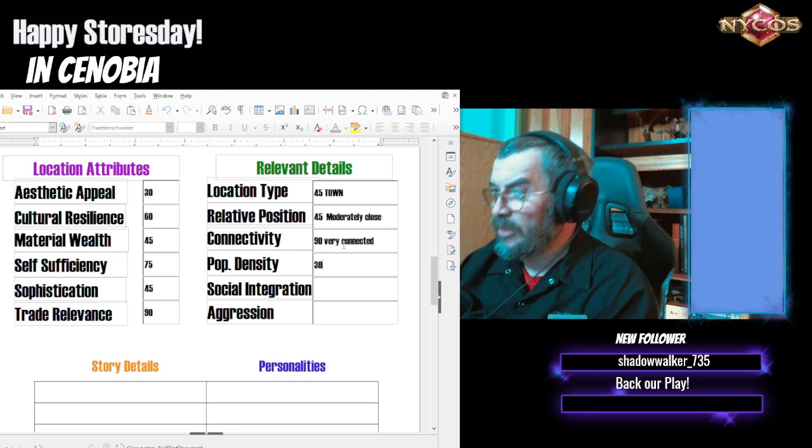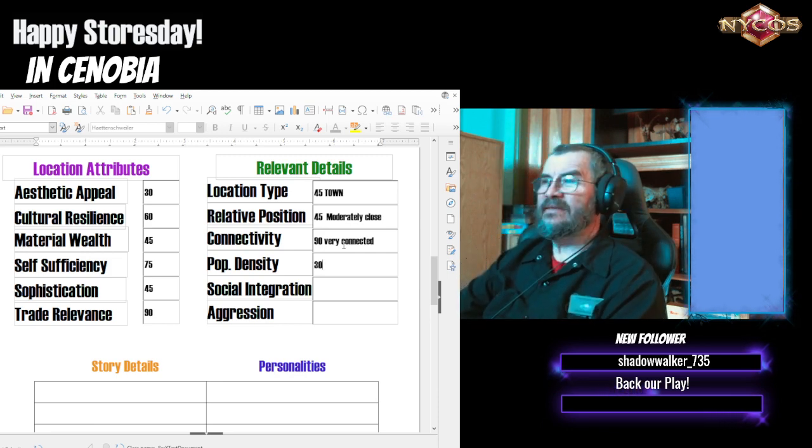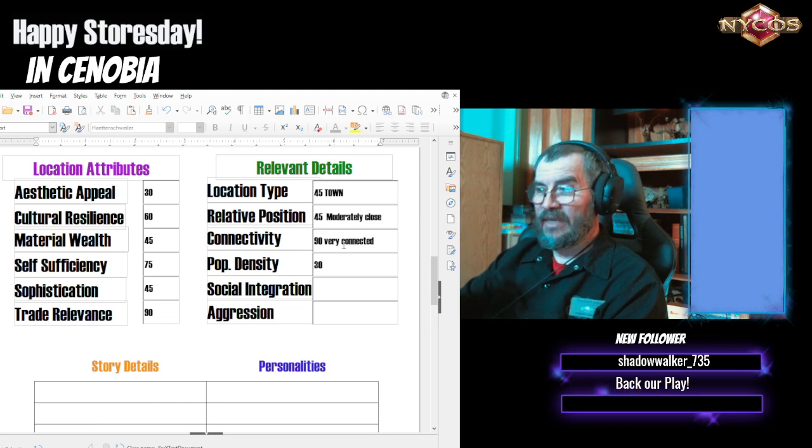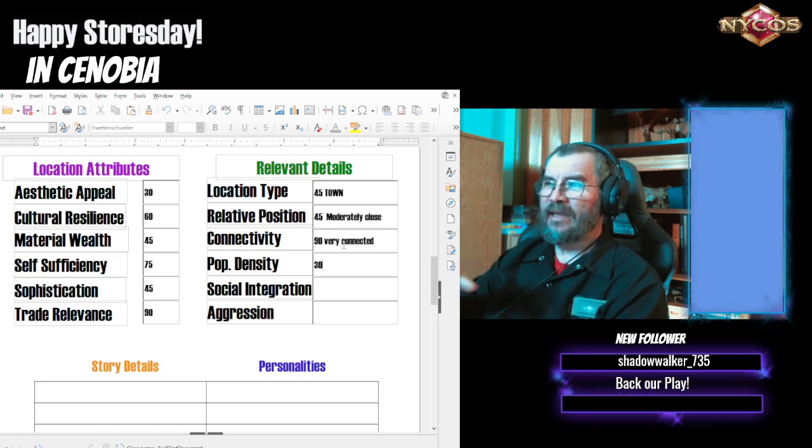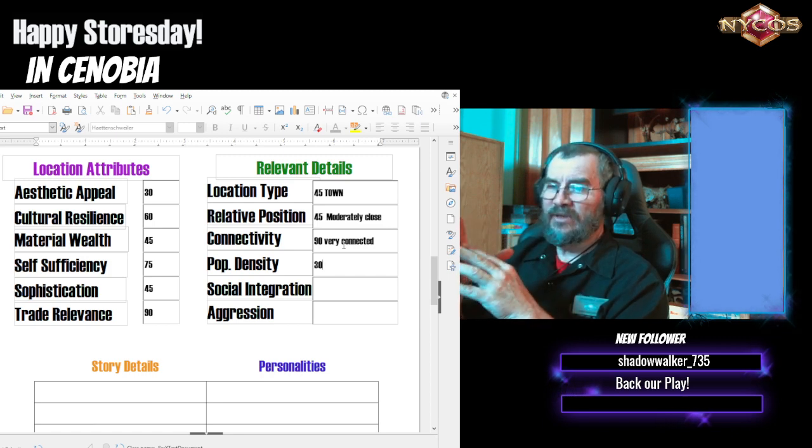And you'll notice I'm putting these in increments of 15, and that has everything to do with what I use as a general scale for things in Nycos. When we talk about magic and things like that, or technology, I'll use the phrase more often, but the phrase spectaculatum is a mnemonic means of tracking the different tiers of the amount of material.